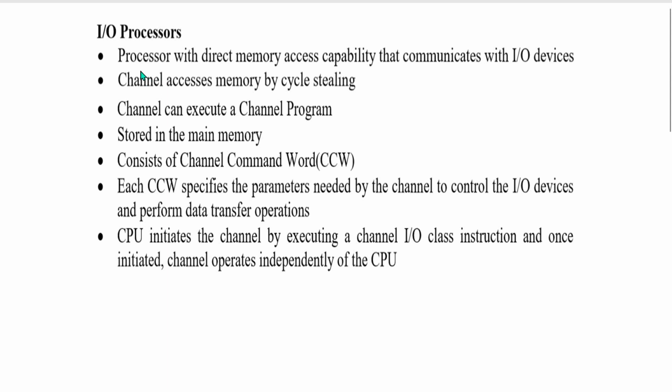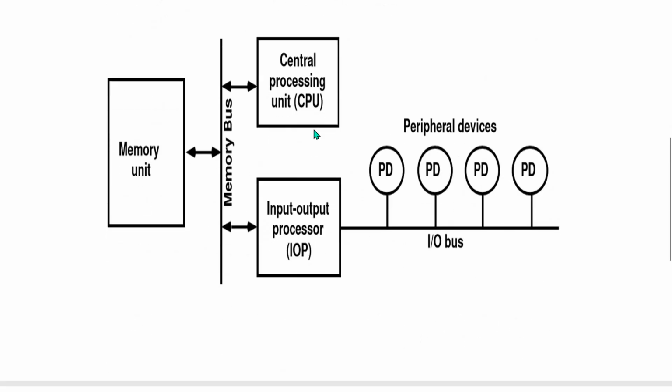Listen to the whole sentence. In this case, it is a processor with direct memory access capability that communicates with IO devices. So here the input-output processor acts as a combination of 3 modules. The first acts as an IO module, also the IO module plus it acts as a DMA controller, and also it acts as a processor.